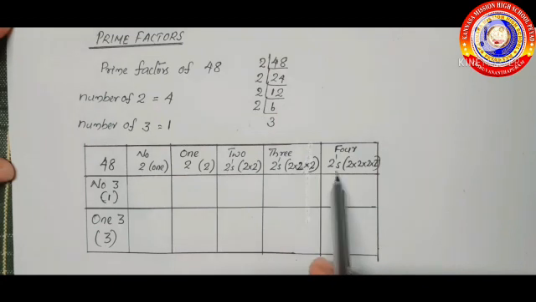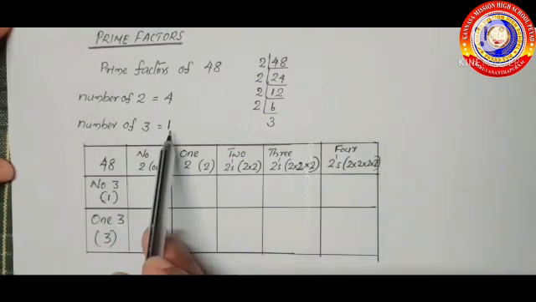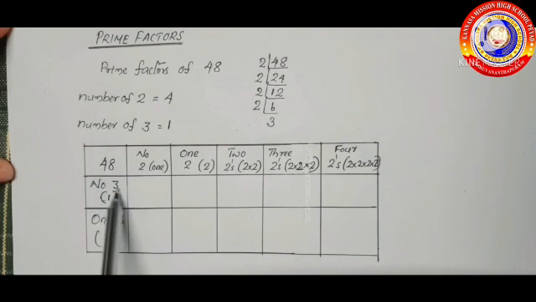And 4 2's, 2 into 2 into 2 into 2, is 16. And no 3 means 1, and 1 3 means 3.